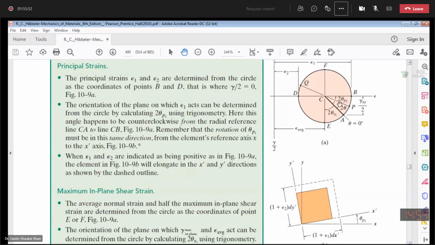You will extend it 180 degrees backward. So this is point Q. So the coordinates of the point Q will give you epsilon y dash.